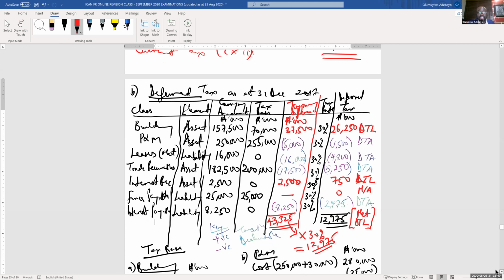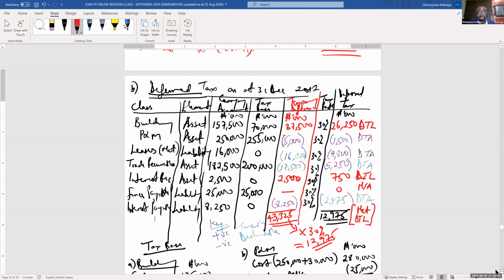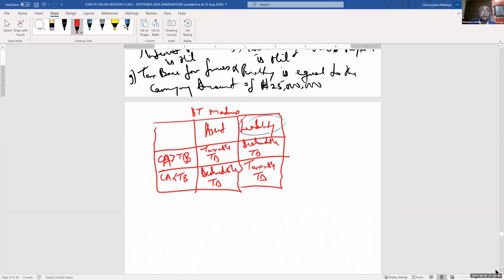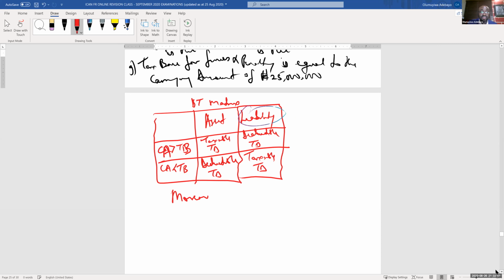Now, let us check the movement in deferred tax liability. Were we given any opening balance? No. Movement in net deferred tax liability as at 31st December 2017.